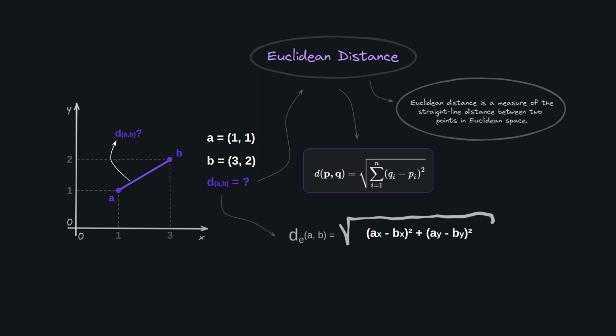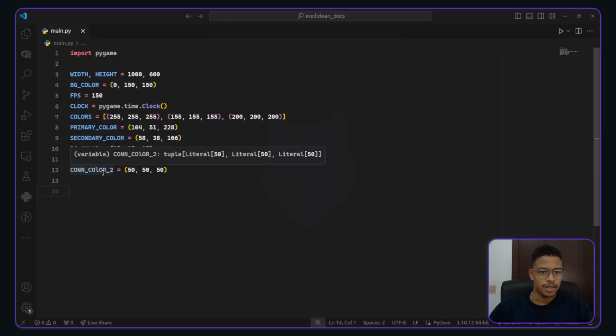In our example, with only 2 dimensions, the Euclidean distance can be determined like this. Replacing the values into the formula, the result will be 3. So for this point A and B with coordinates 1 and 1 and 3 and 2, the Euclidean distance would be 3. So now let's start building this small project.